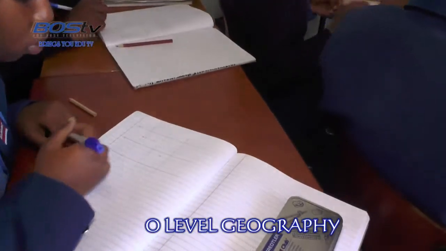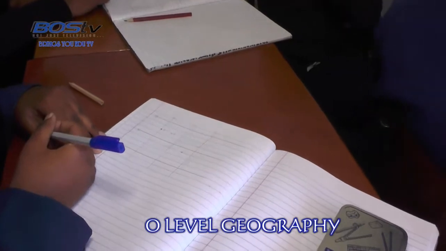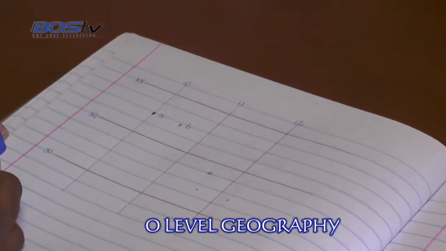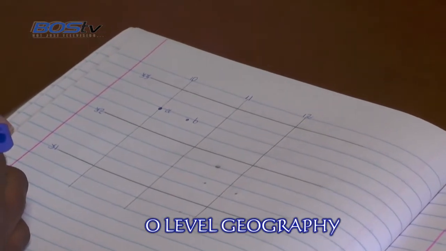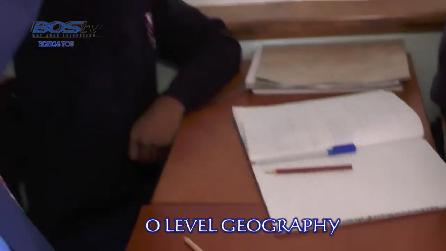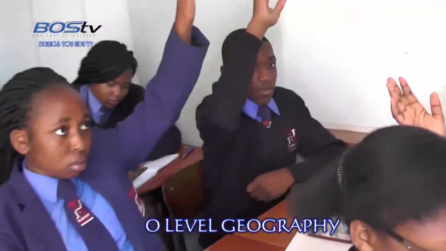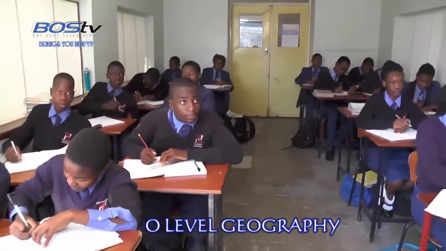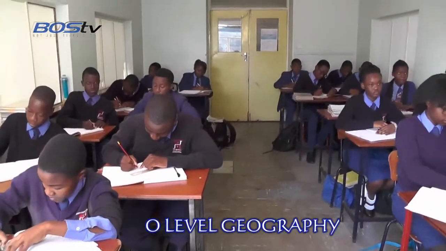Okay, good. Can someone give me the 4-figure grid reference for A? What is the 4-figure grid reference for A? It's 1032. 1032, isn't it?